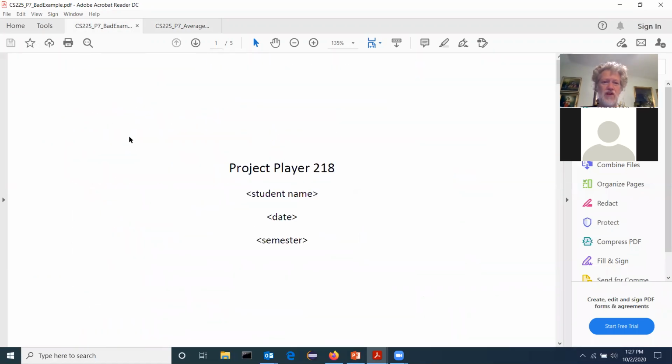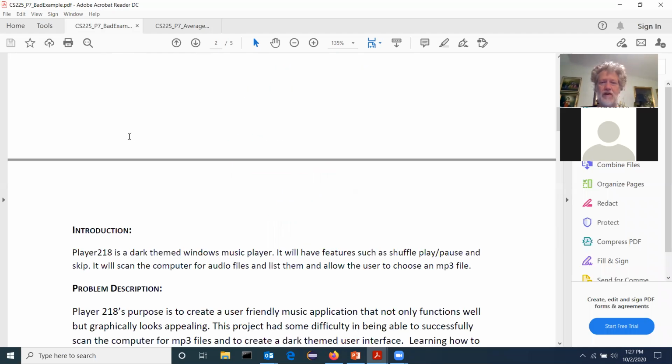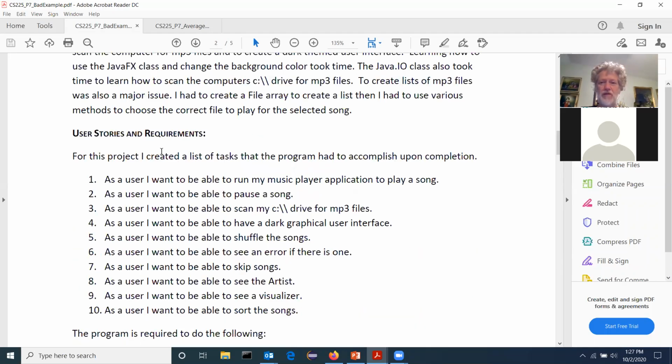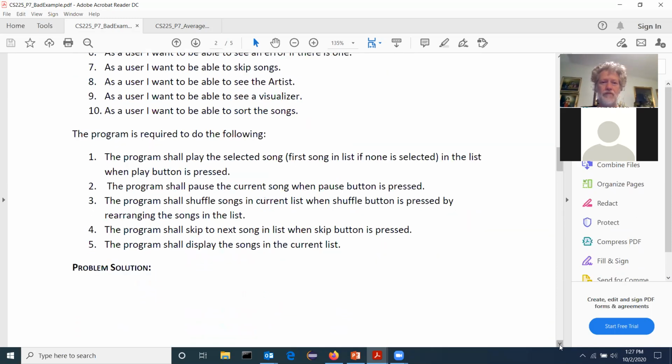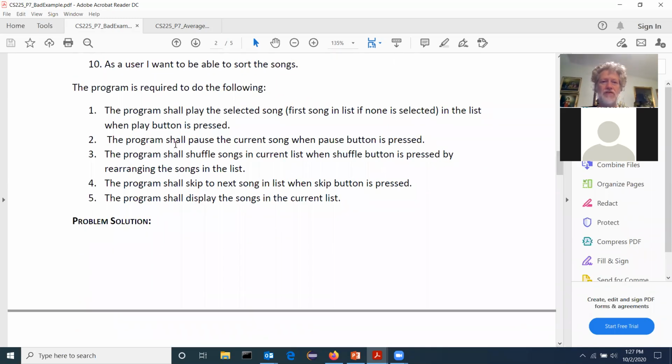So this person was creating a music player, like an MP3 player. Let's look at their requirements. The program shall play the selected song, first song in list if none is selected, in the list when play button is pressed. What do you think of that requirement?